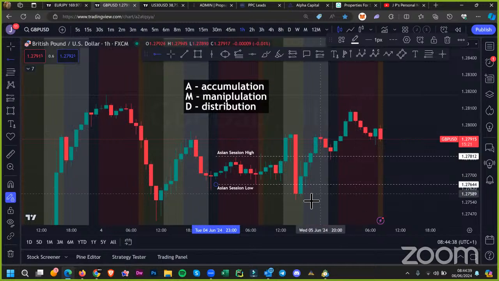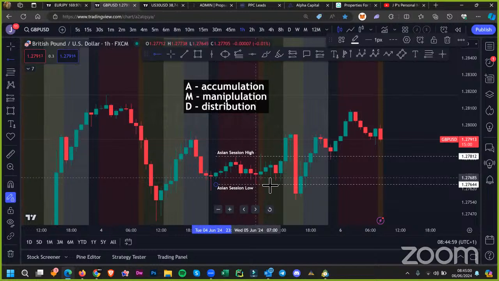Does everybody understand why that's the Asian session high and why that's the Asian session low? Everyone should understand. Does anybody not understand? It's this red section that we're looking at, and this is the highest point and this is the lowest point of that section. That's approximately from about midnight to around 7 in the morning.